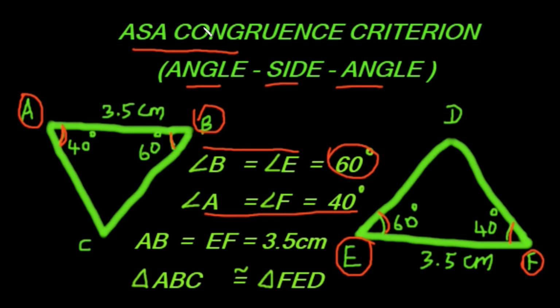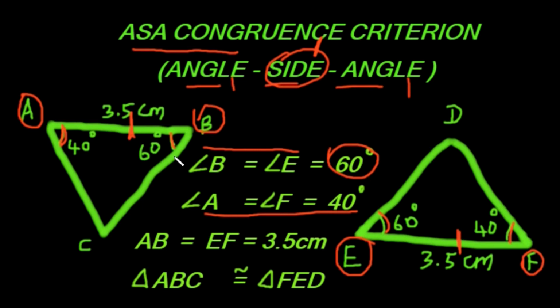Now, see, it is ASA, that is two angles and one included side. So, you can note that there will be two angles and between these two angles there will be an included side. See, two angles, angle A, angle B with an included side, and angle E, angle F with an included side in between.